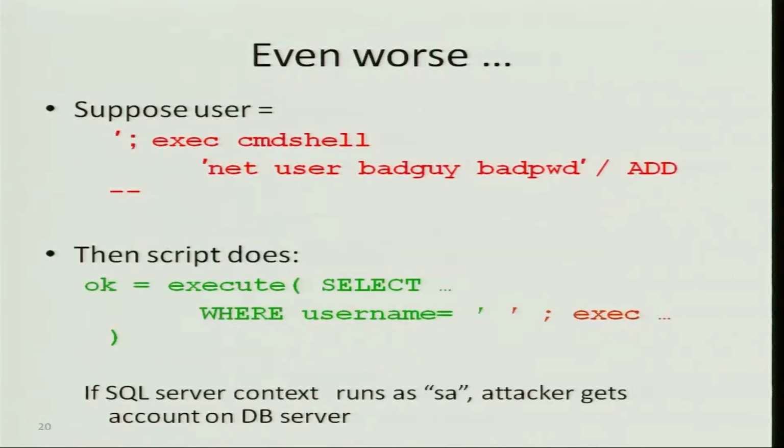The attacker can also use a command shell and create a new user with a given username and password. Many people don't do a privilege separation or least privilege principle based design of their server. They usually run the SQL server as a system administrator, and in that case the attacker gets much more latitude than they would get if it was running at a lower privilege.